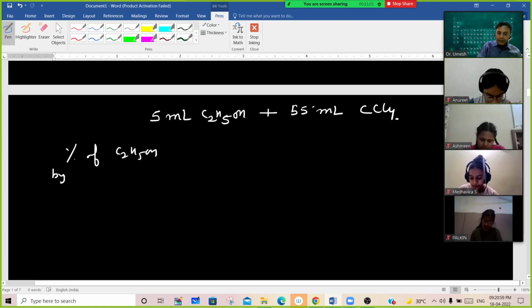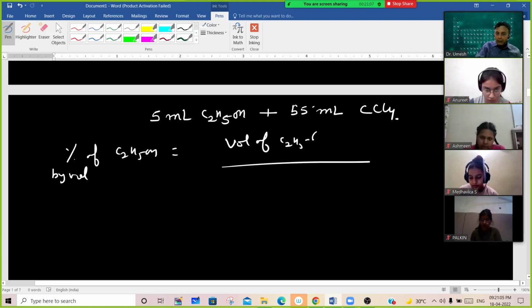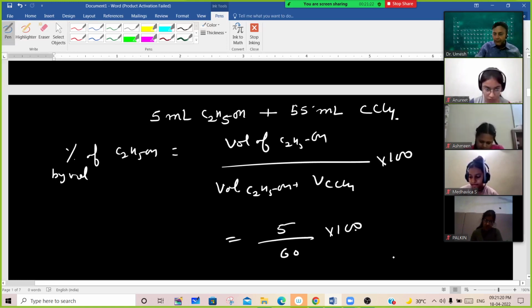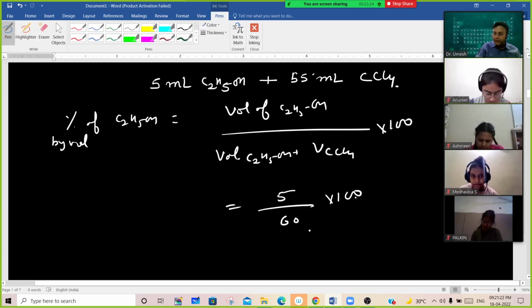The percentage by volume. So volume of alcohol upon total volume. Volume of alcohol, volume of carbon tetrachloride multiplied by 100. So 5 upon 60 into 100. Got it? 60? 5 plus 55 total volume.